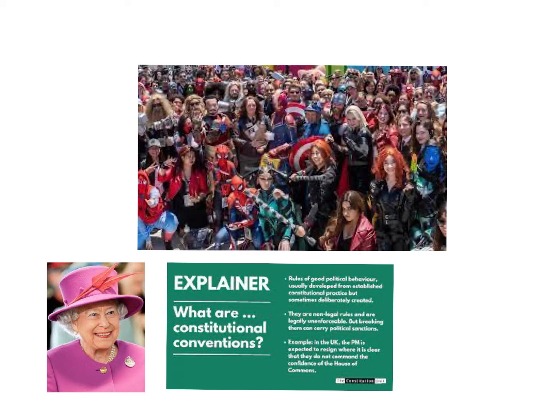First up, royal assent. I've mentioned it a few times now when we look at Parliament and the passage of legislation, and again when we look at the role of the monarch in the Constitution. Royal assent is given to bills as a matter of fact, as a matter of convention.